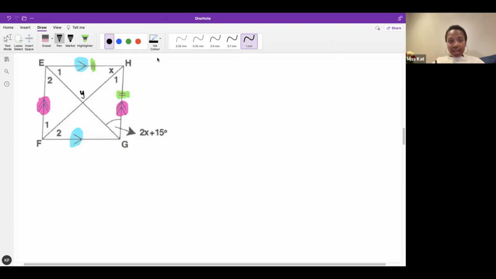We are saying H1 is also X because the diagonals bisect the angle at the vertex. Are we all with me though? Bisect means cuts in half, Lesedi. So if that side is X, this side also has to be X because they are cut exactly in half.